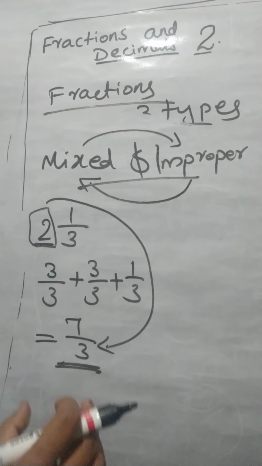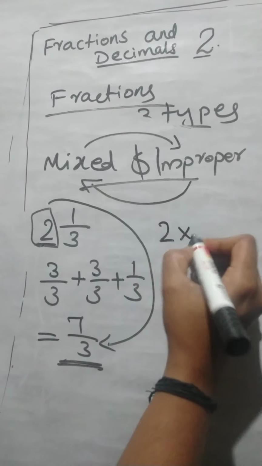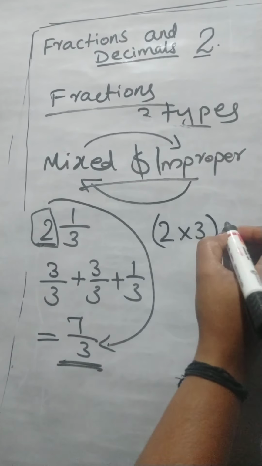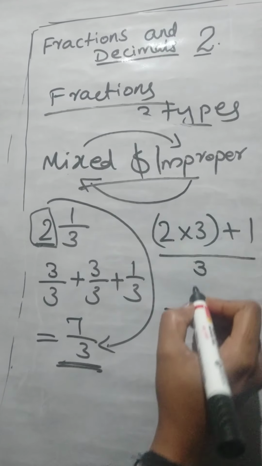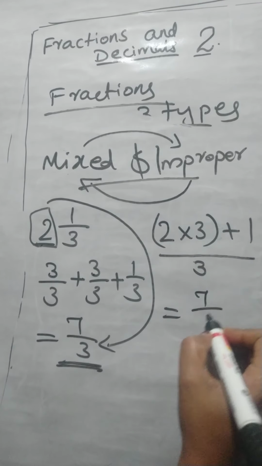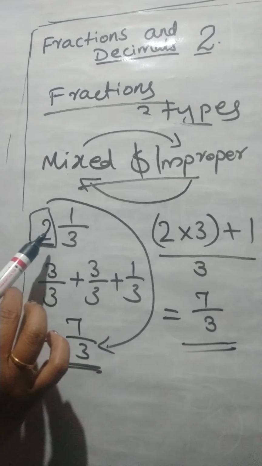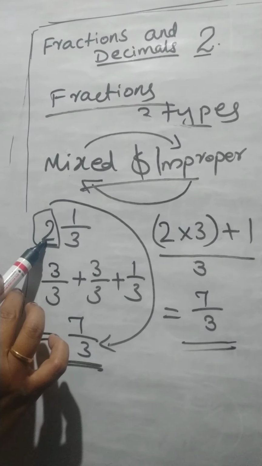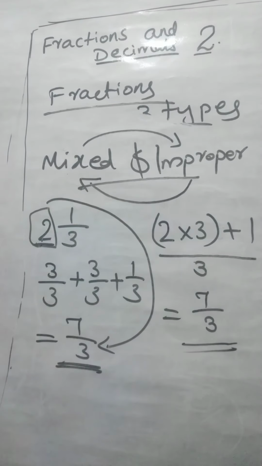How can we do this actually? That is 2 times 3 plus 1, divided by 3. That is 2 3s are 6. 6 plus 1, 7. 7 upon 3. How did it happen?